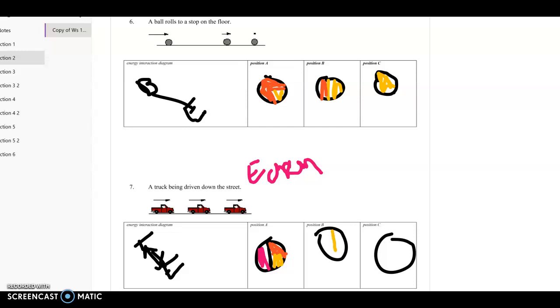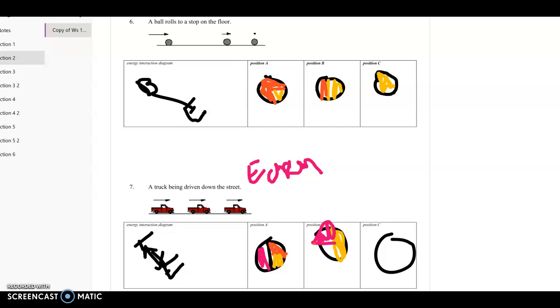All right, but if I move over to position B, there should be more thermal, right? So maybe a lot of thermal, a lot more. And then there should be less E-chem because the gas is being burned up. So here's the E-chem maybe at a quarter, and then the kinetic. It looks to me from this picture that it's going at a constant velocity.